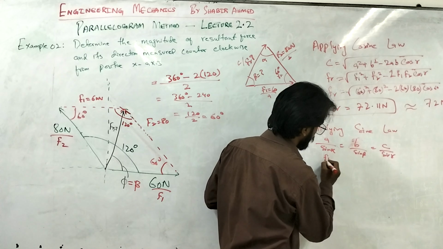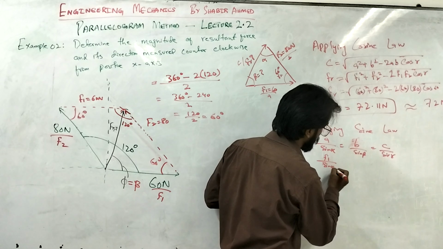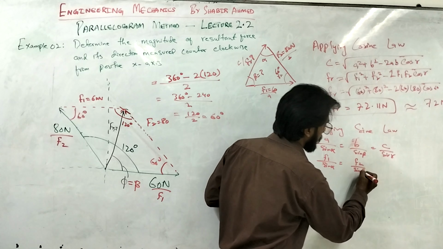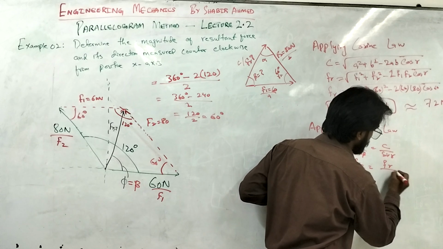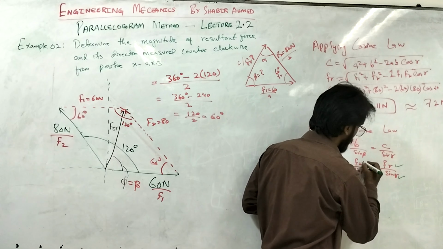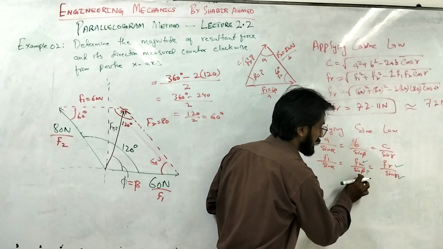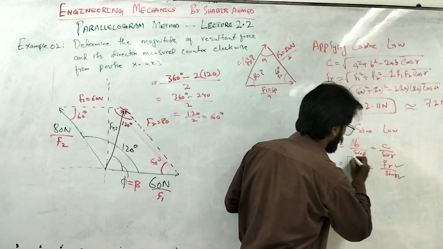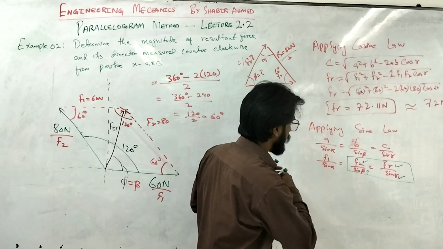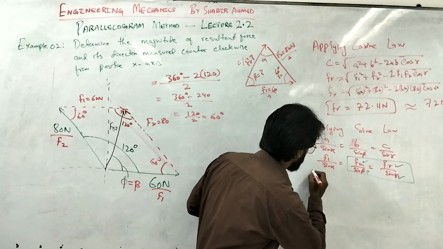And in our case, F1 upon sine alpha is equal to F2 upon sine beta, which is equal to Fr upon sine gamma. I have this value, and this value. I need to find this value, beta over here. So I am going to extract this one from here. If I write it down, I can write it like this.